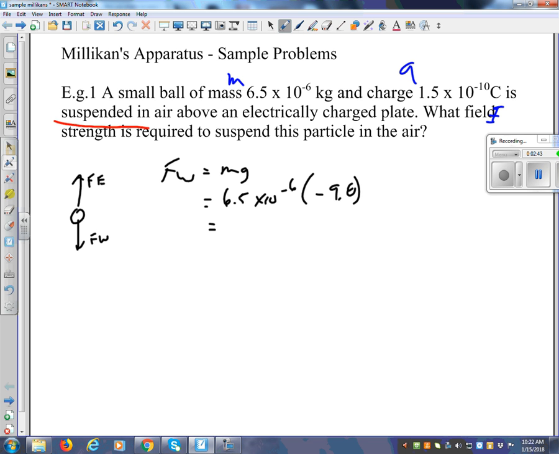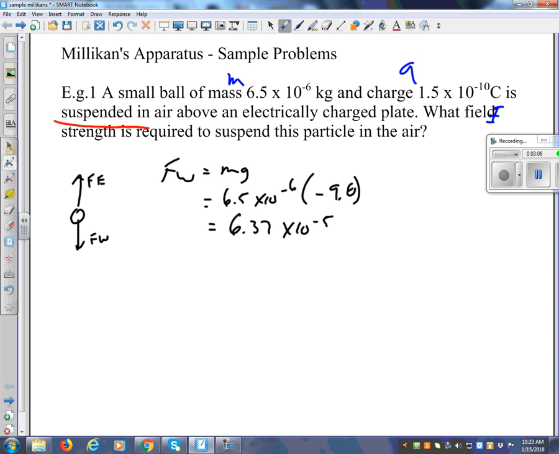Oh, I left mine at home. Yes, use this one. So 6.5 exponent negative 6 times 9.8. Put it in scientific mode. 6.37 times 10 to the minus 5.